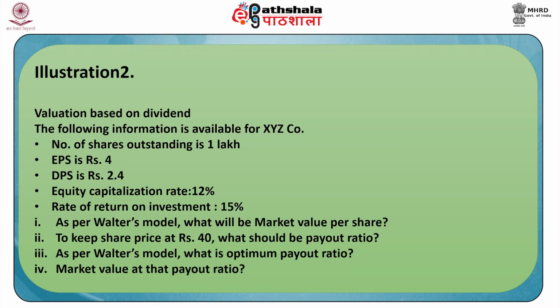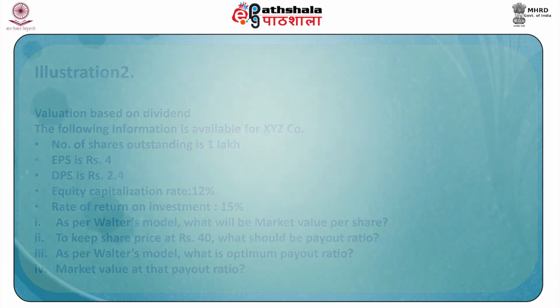First, as per Walter's model, what will be the market value per share? Second, to keep share price at rupees 40, what should be the payout ratio? Third, as per Walter model, what is the optimum payout ratio? Fourth, market price at the payout ratio.